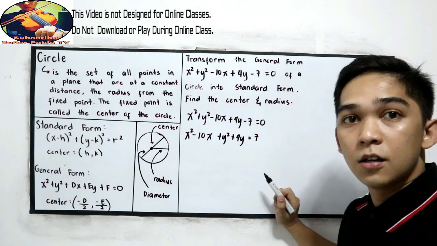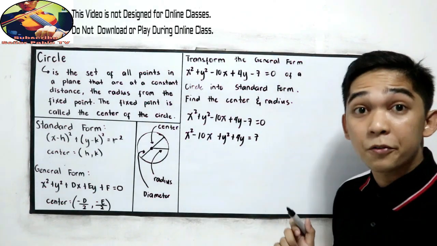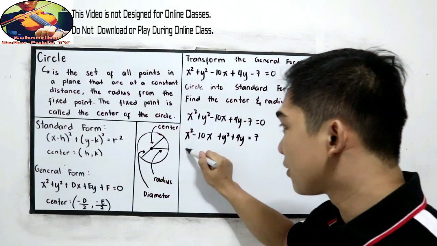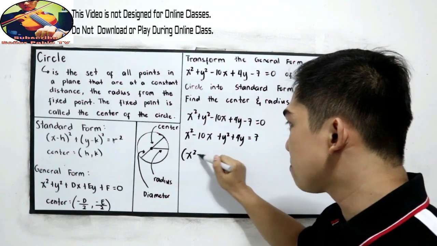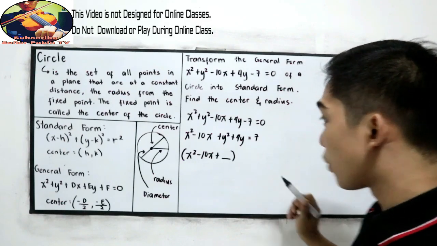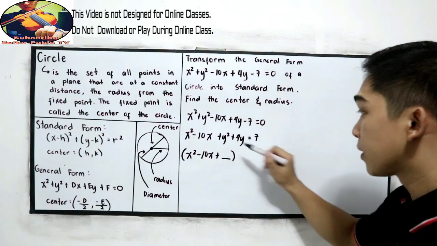Now, regroup. Make the expression a perfect square trinomial. So we have x squared minus 10x plus blank. We're going to add a number to make it a perfect square trinomial.